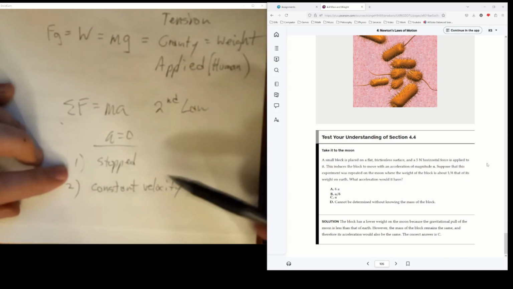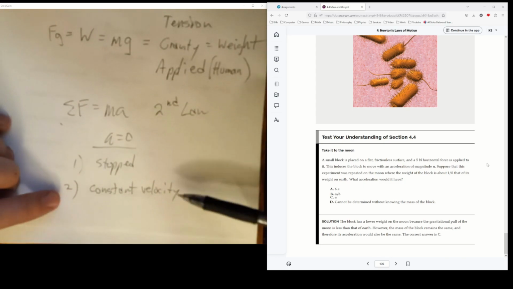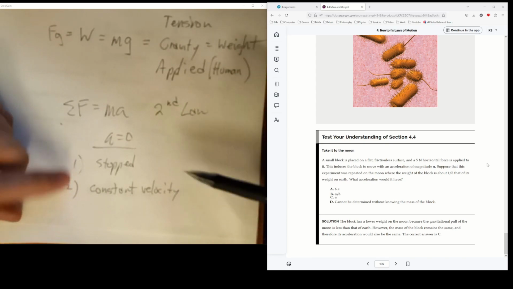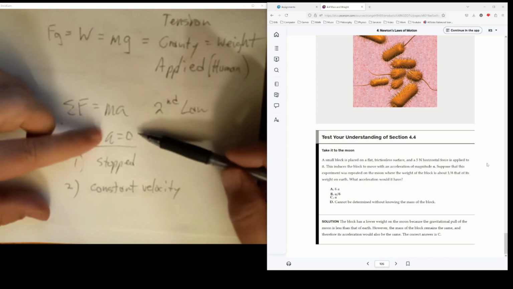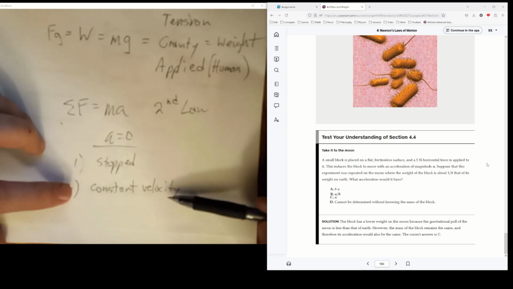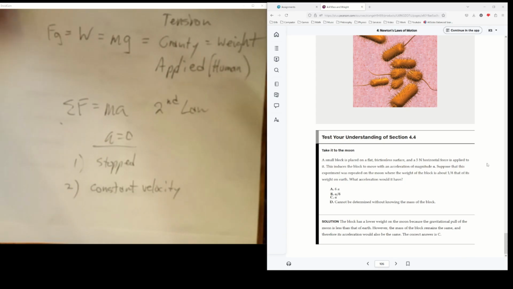These are the 2 cases of zero acceleration. It's the second case that tends to be forgotten. So that's why I'm trying to stress this, is it's very common for people to think if you have zero acceleration, then you must be stopped. But zero acceleration also means constant velocity.